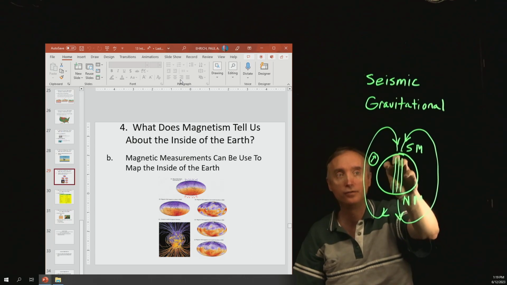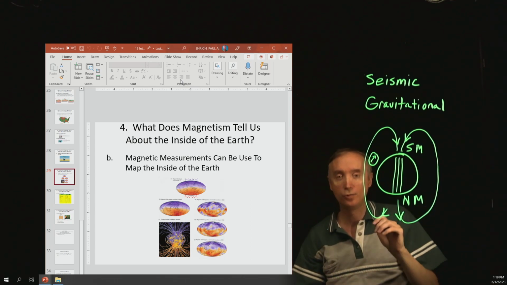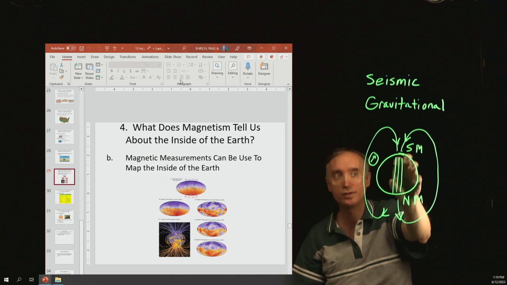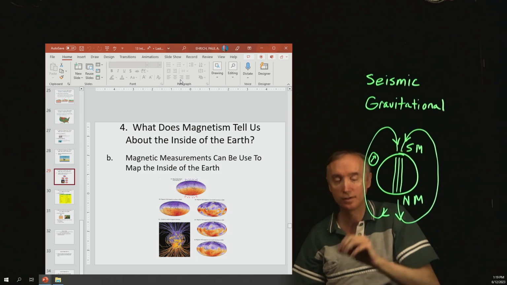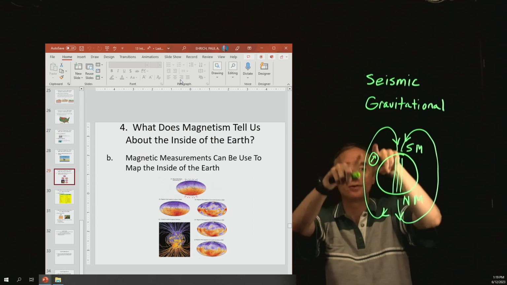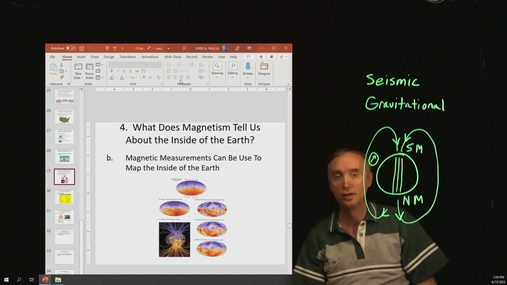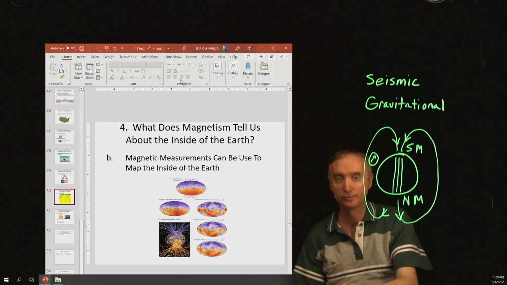So this magnetic field inside the Earth gets all twisted up. And we can actually map that twisting, and from that twisting, we can work backwards and see where materials are going up and where materials are going back down into the mantle. And all of this can be done by using magnetism.